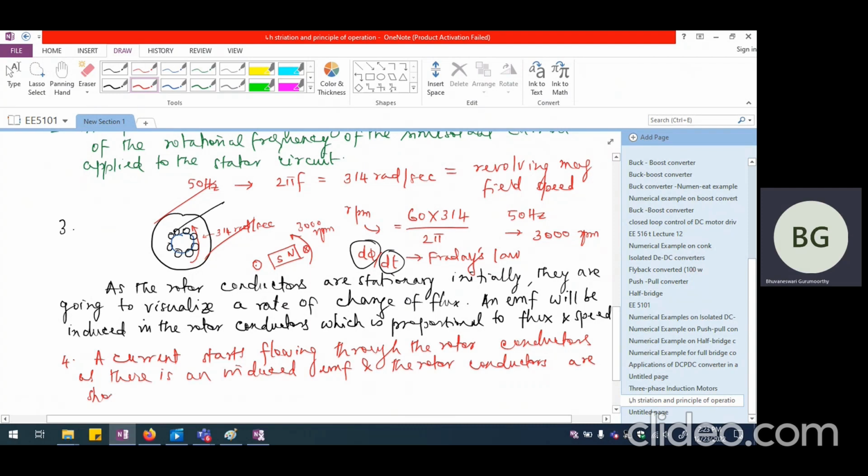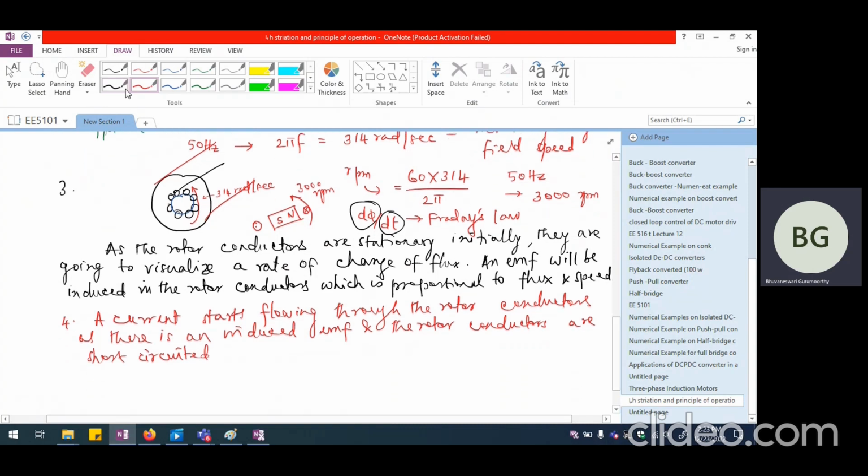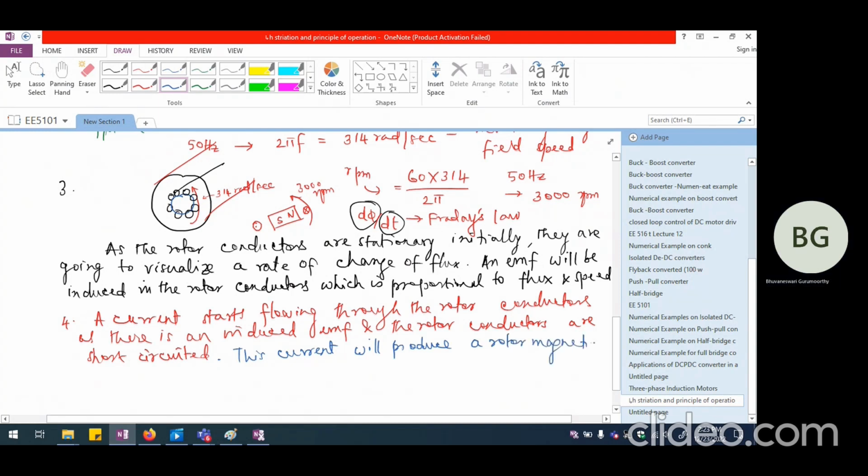But right now, we have short circuited the rotor conductors with the end rings, and we are also having an induced EMF, so there will be a current. Now, this current will produce a rotor flux or rotor magnetic field, which is also revolving, because after all, we are having three-phase conductors.